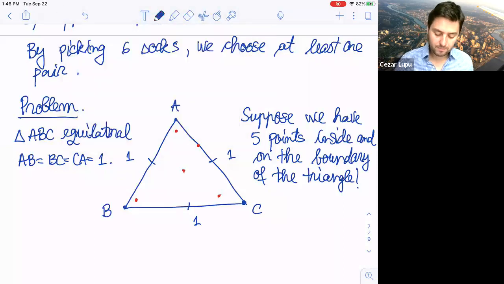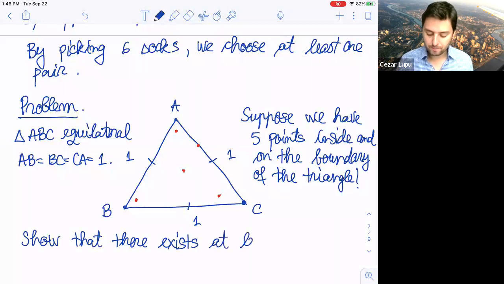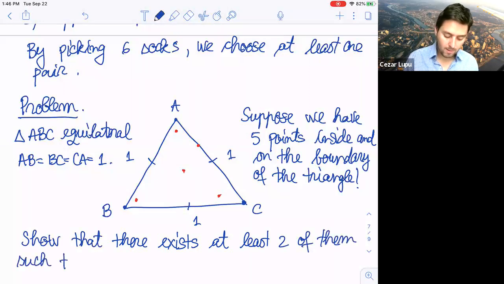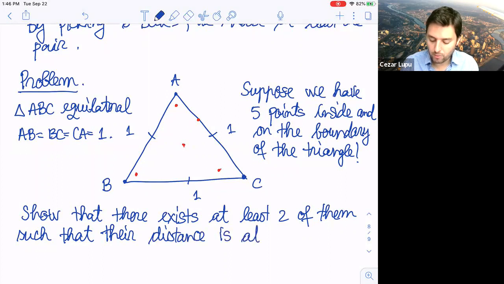Show that there exist at least 2 of them such that their distance is at most 1/2.